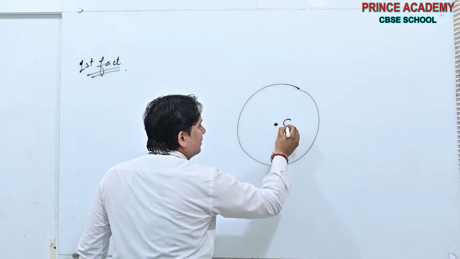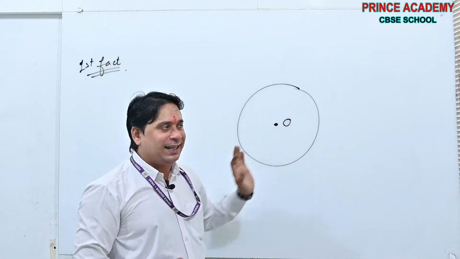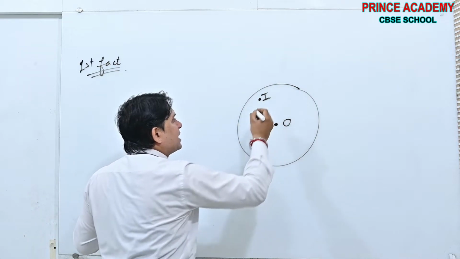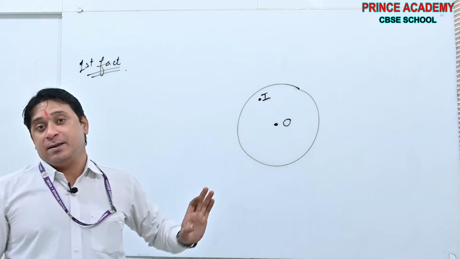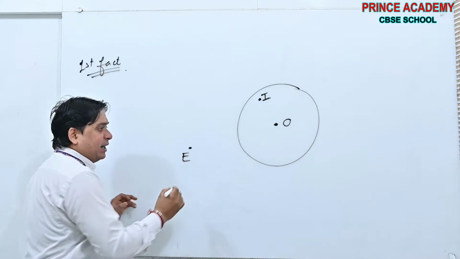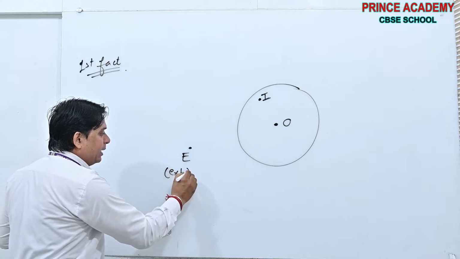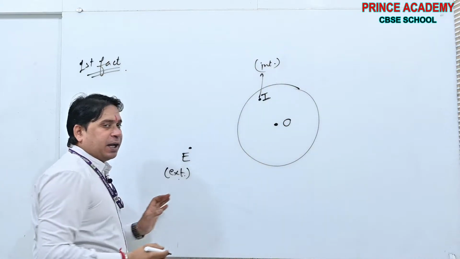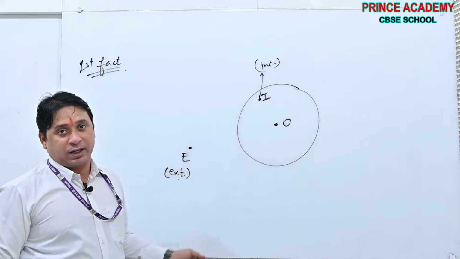O is the center. There is a point inside the circle. This is the internal point I. One point is out of the circle, E, the external point. This is the external point beta, and this is the internal point. Internal for the circle. This is external for the circle.